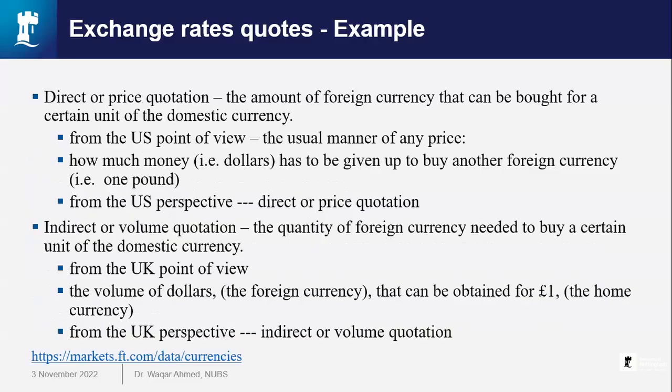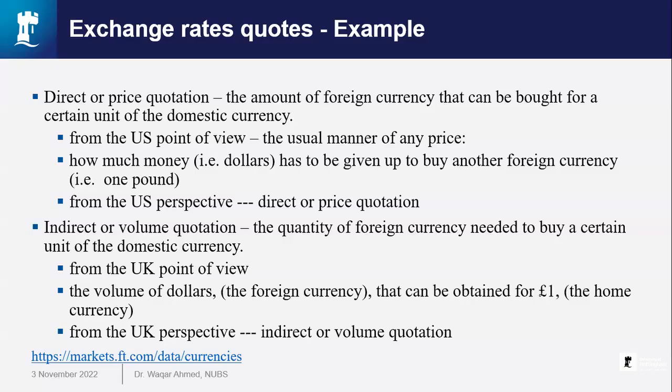Good. So what is a direct quote? We also call it the price quotation: the amount of foreign currency that can be bought for a certain unit of domestic currency. That's what we call a direct or price quote.